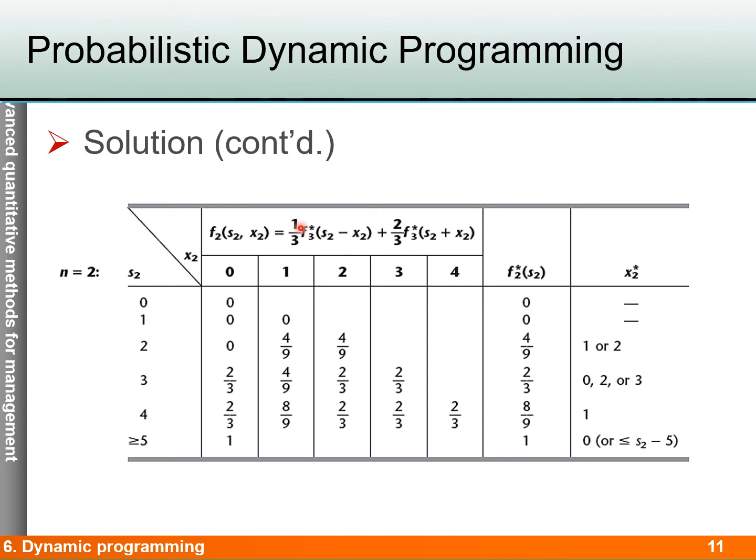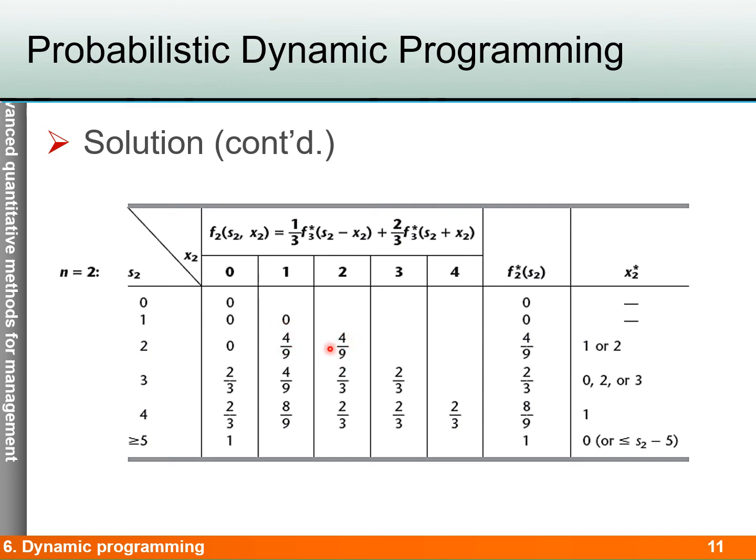So 0 multiplied by 1 divided by 3 is 0. But this side is 2 divided by 3, f star of 2 plus 1, f star of 3. So f3 star of 3, sorry, if I check in the previous slide, is 2 divided by 3. So 2 divided by 3 multiplied by 2 divided by 3 is 4 divided by 9 here.